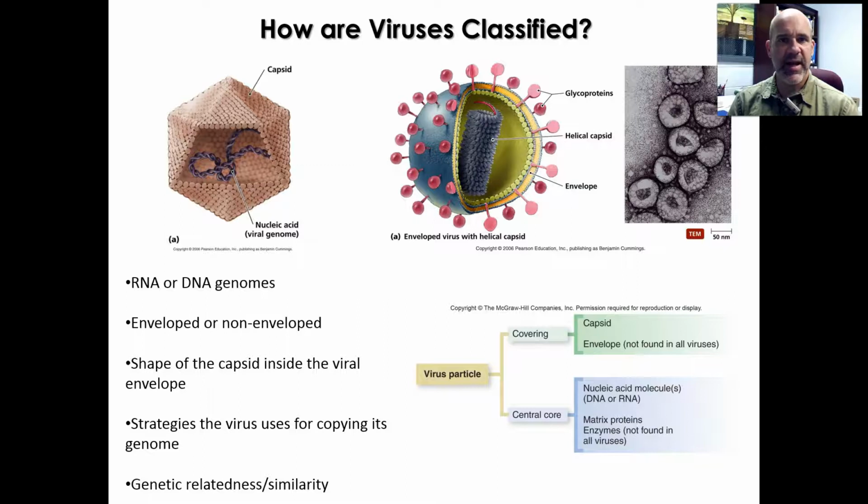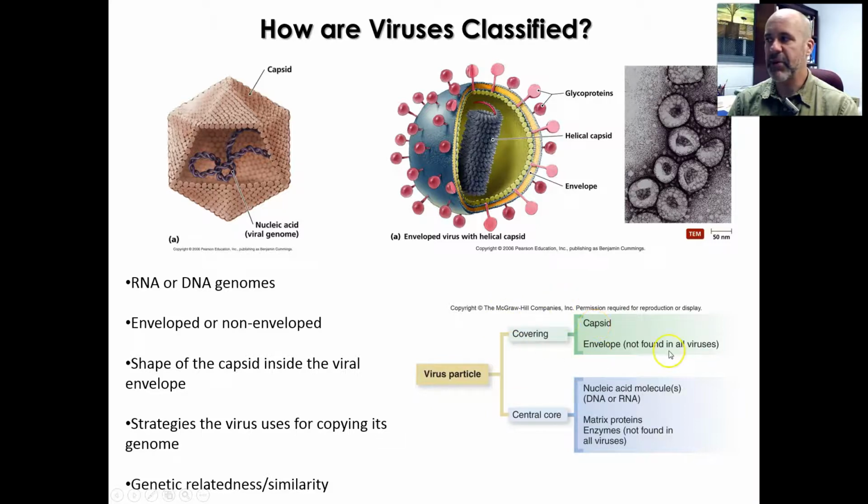How do we classify viruses? How are they grouped together with their other relatives? Traditionally, a lot of this has been based on viral morphology. You take a look at the overall virus particle, and what kind of covering does it have?